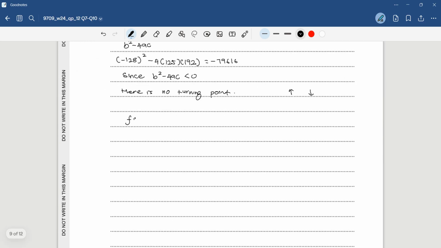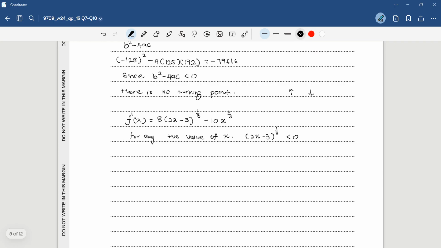So f prime x will be 8(2x minus 3)^(1/3) minus 10x^(2/3). Okay. For any positive value of x, (2x minus 3)^(1/3) is always negative.